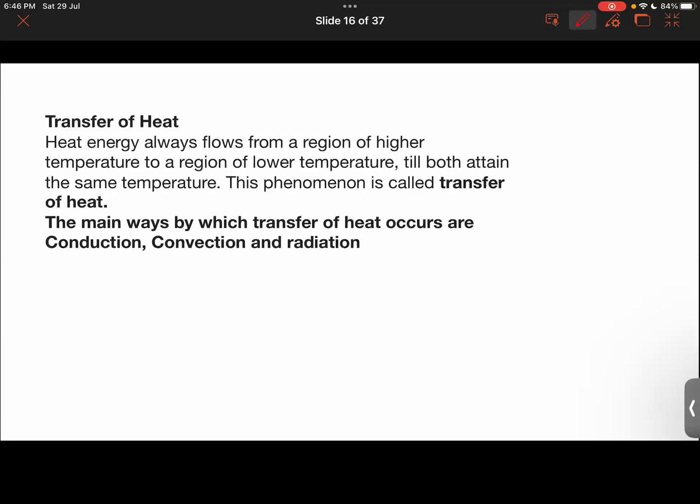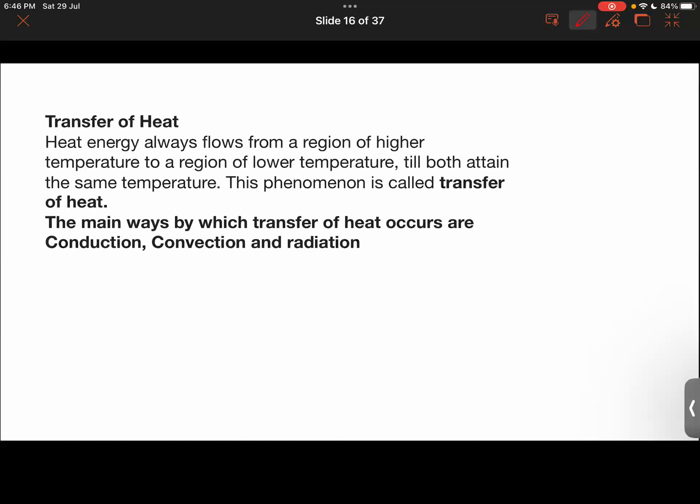Now let's talk about how transfer of heat takes place from one medium to another, or from one object to another. Energy will always flow from a place where there's a high temperature to a place where there is low temperature, right?